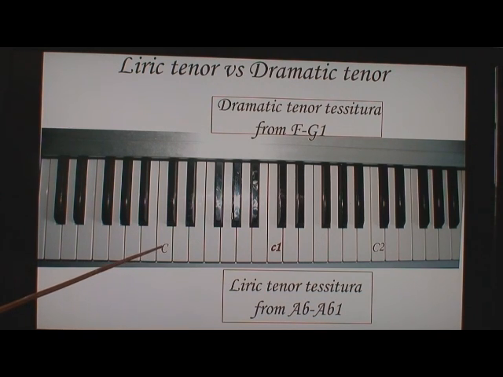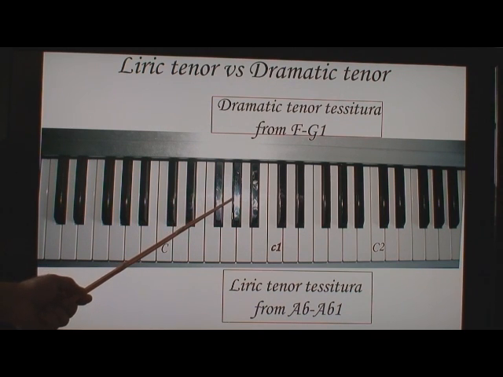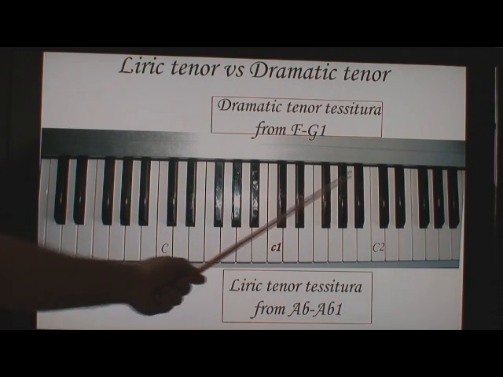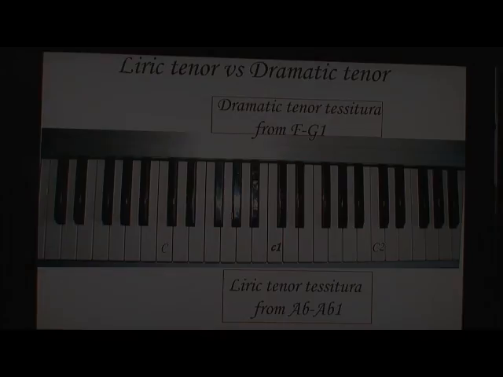The range of a dramatic tenor and a lyric tenor are the same. It's a different color and a different power. But it's also a tessitura: the dramatic tenor is very comfortable singing from F to F, and the lyric tenor from A flat to A flat. But the range of both tenors is the same.